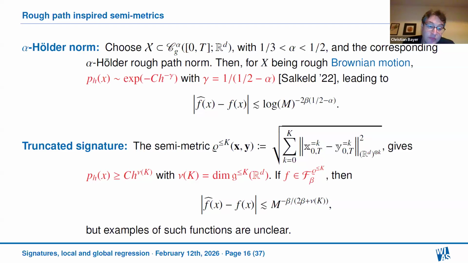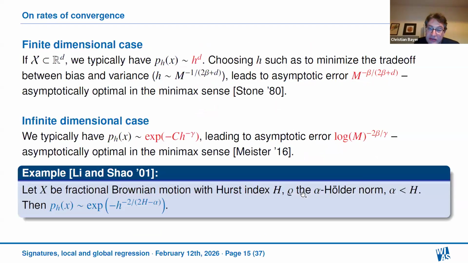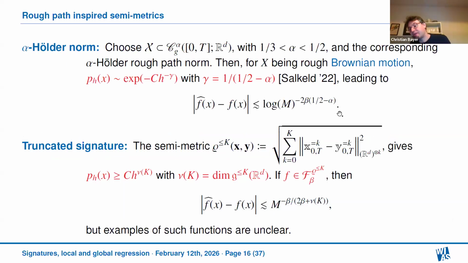Then the small ball probabilities are exactly of the form h to the power of this dimension. And therefore, you would get a finite dimensional estimate.